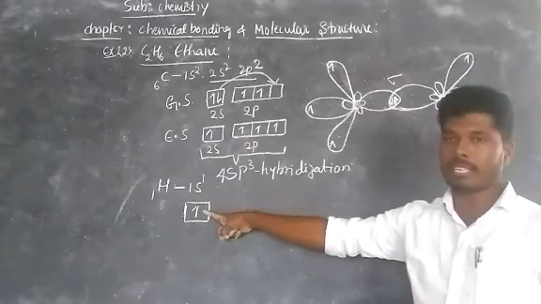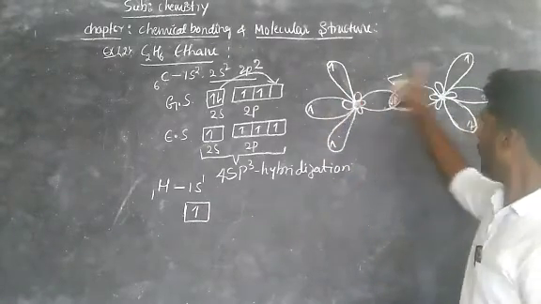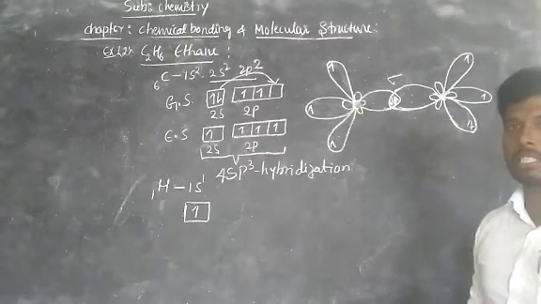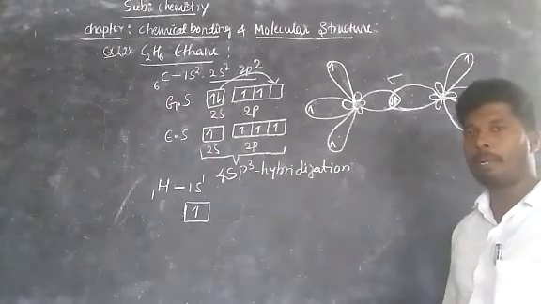So how many hydrogens are there? 6 hydrogens. It is spherical in shape. So 1, 2, 3, 4, 5, 6. There are 6 s orbitals of hydrogen, overlapping with the 6 sp3 hybrid orbitals.